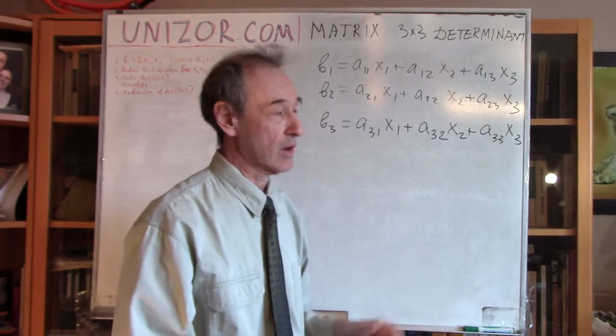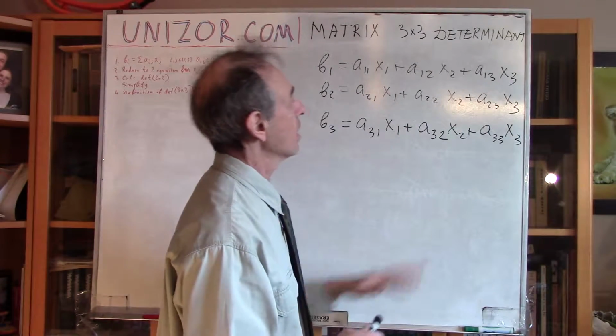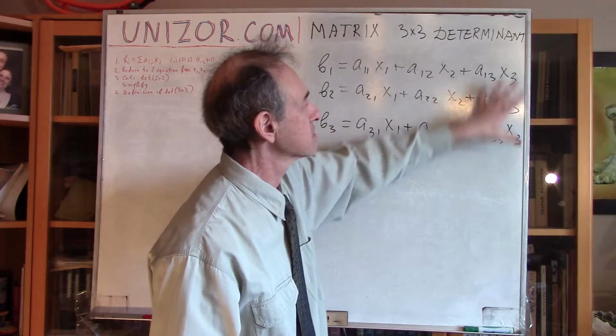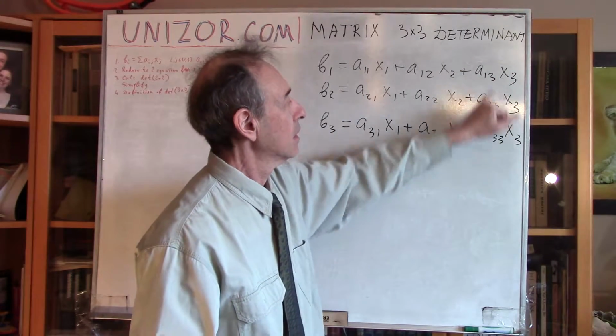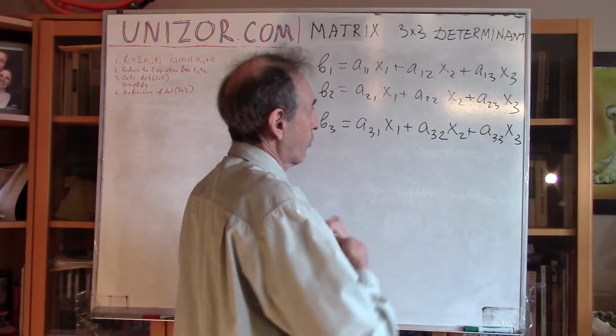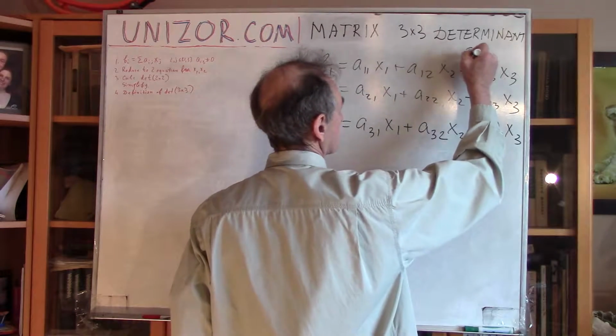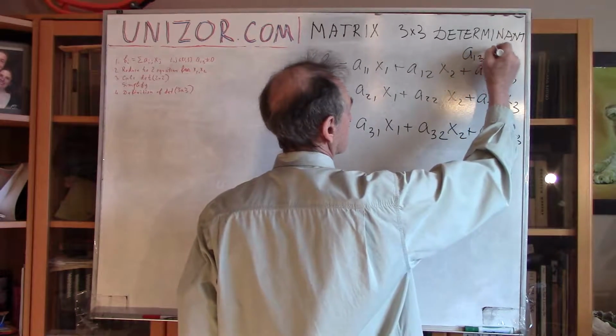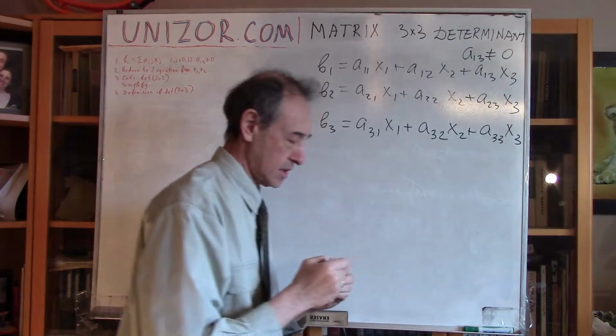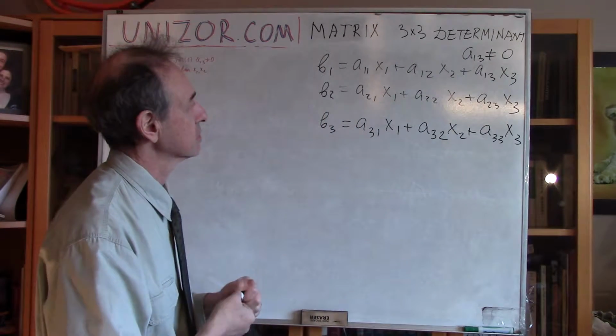We have 2 independent variables. So I assume that one of these for x3 is not equal to 0, and just for definiteness I assume that a13 is not equal to 0.